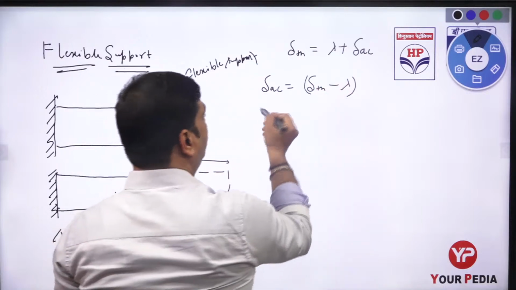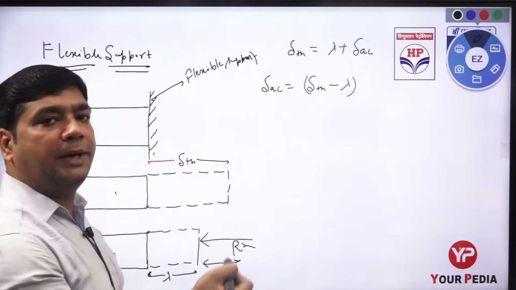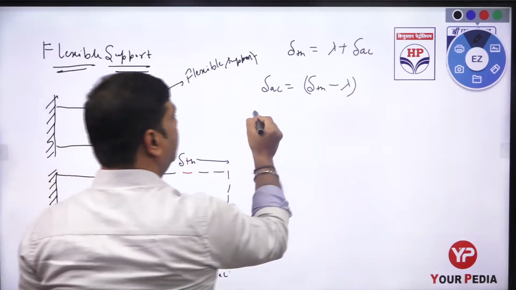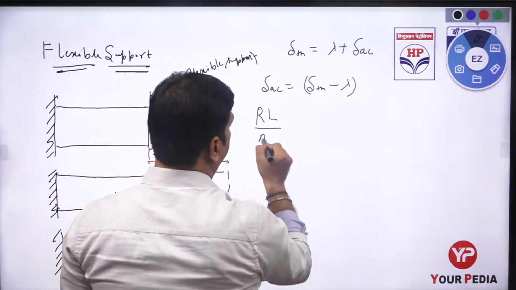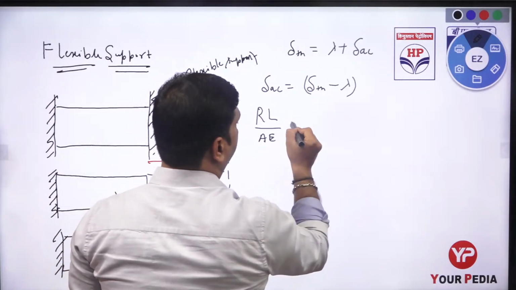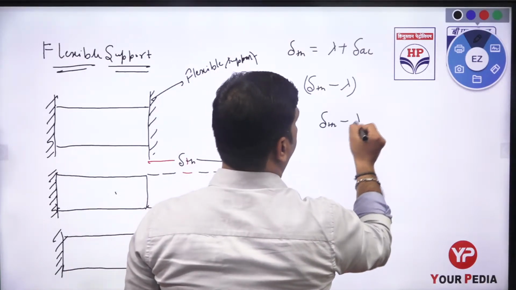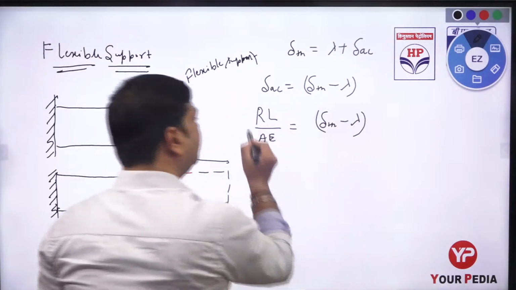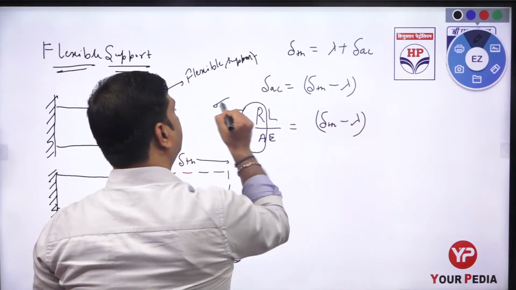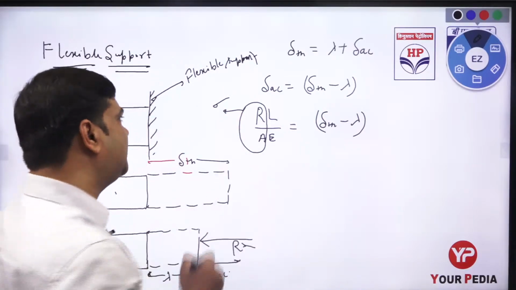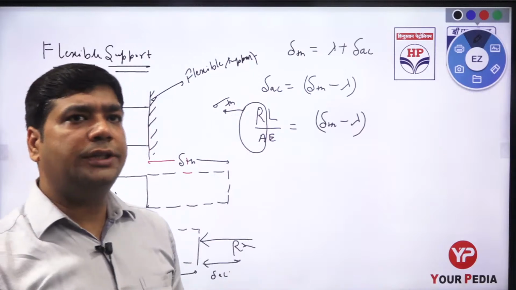The axial compression due to the reaction R provided by the supports is given by RL by AE. So RL by AE equals delta th minus lambda. Here R by A is known as stress, and it is thermal stress, because we are increasing the temperature.